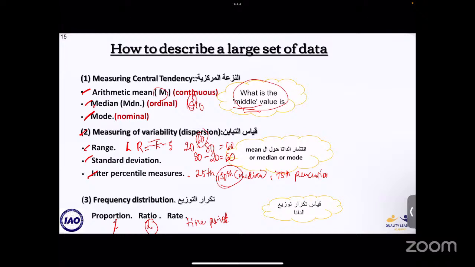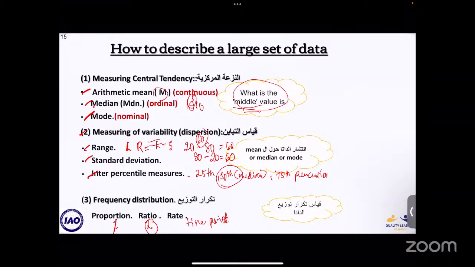So to summarize, when describing a large data set, we use central tendency measures to summarize the center of the data, the mean, median, and mode, while using variability measures such as the range and standard deviation to understand the spread of the data, and frequency distribution measures, the proportion, ratio, and rate, to identify patterns and relationships between data points. By combining these tools, you can create a complete and easy to understand picture of the data set, making it easier to analyze and interpret.